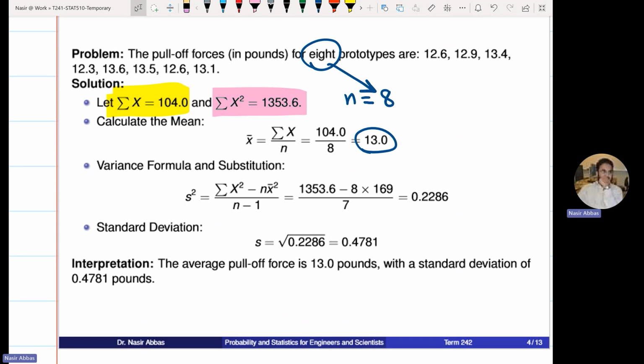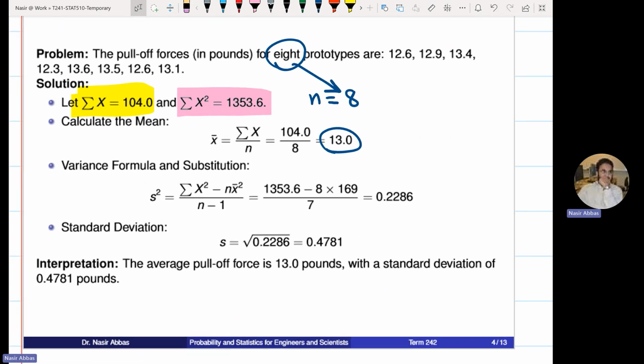So let us find the median. The first step is to arrange the data in ascending order. Which is the minimum value? 12.3 is there, 12.3. Then another 12.3?